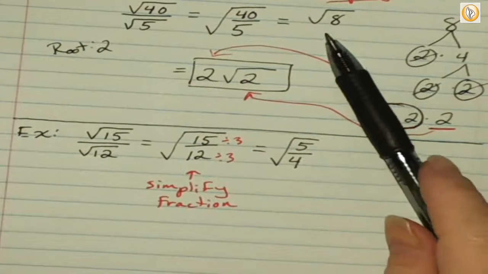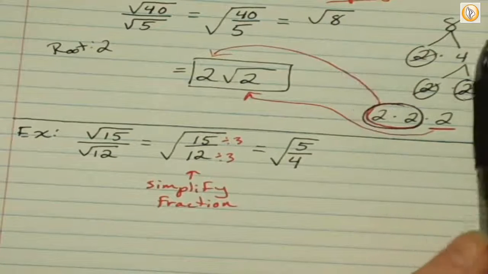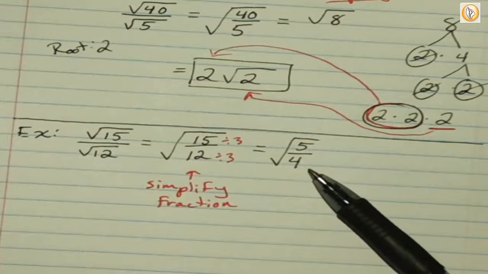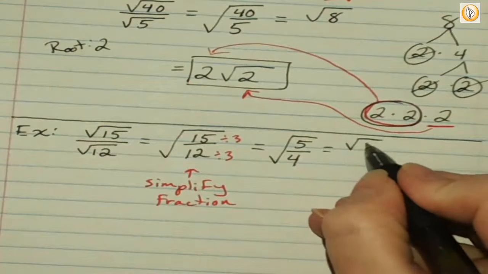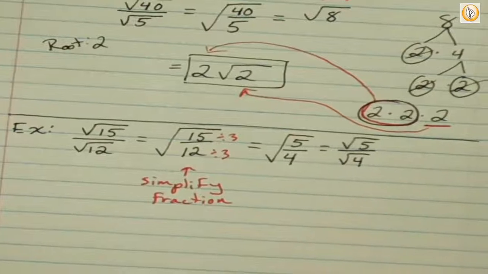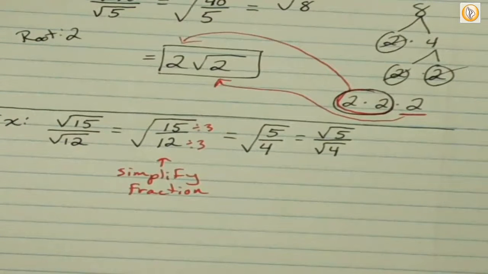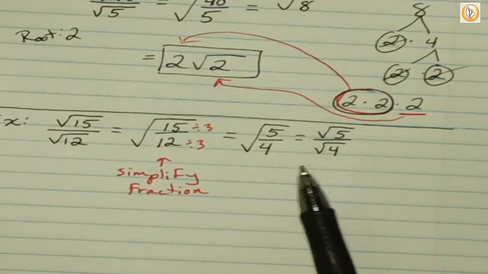Up here, we were just left with 1, and then we simplified it. Here we're not. So we're going to go back to where we were: square root of 5 over square root of 4. See how I separated it out?